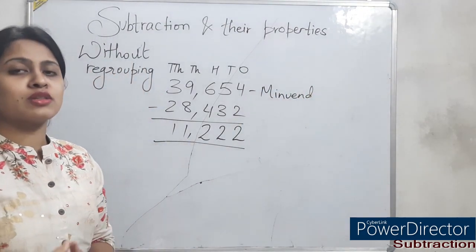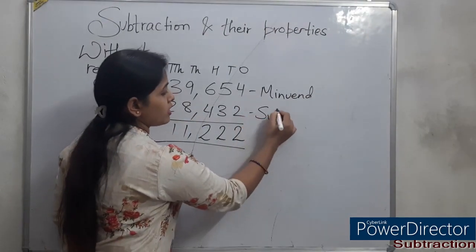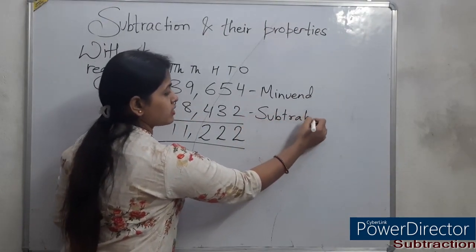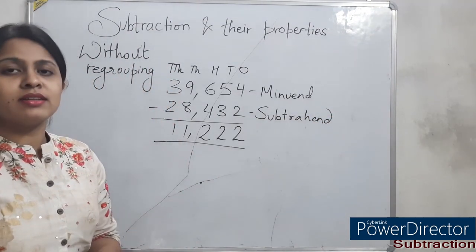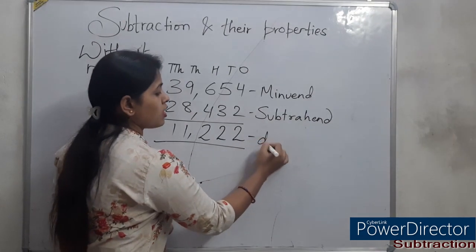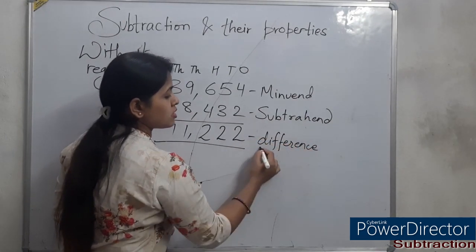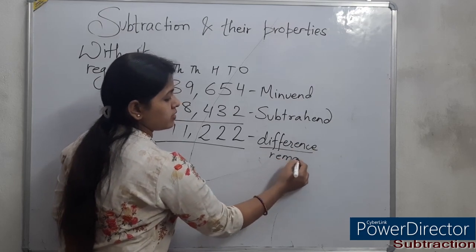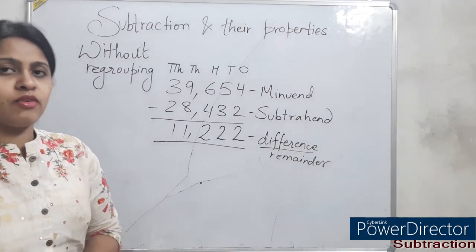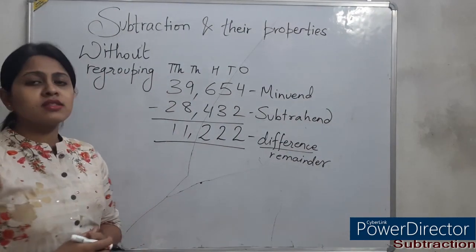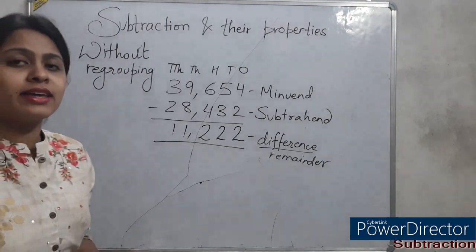The number which is going to be subtracted, the second part, is called the subtrahend. And the result is called the difference or remainder. We can say either one. So this is the case of without regrouping. Here we do not need to take a carry.